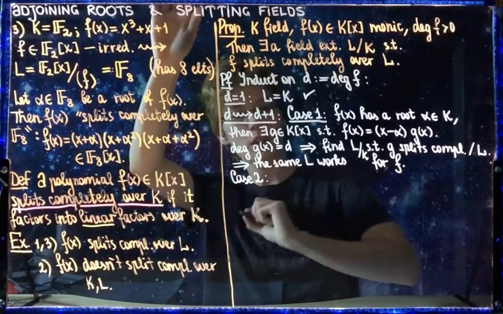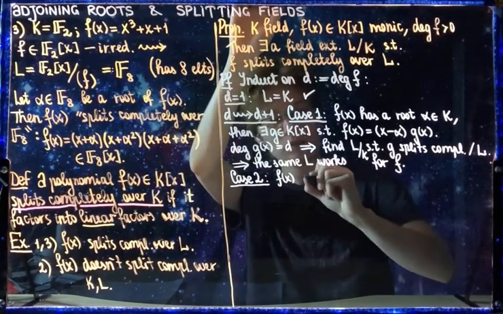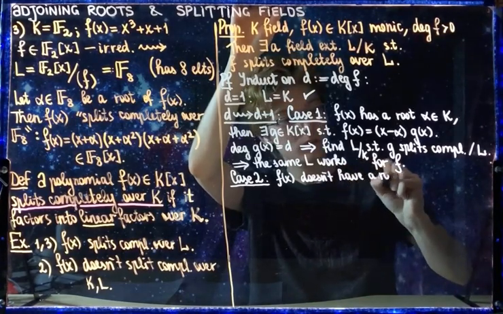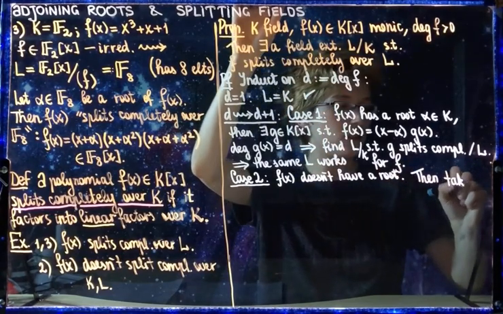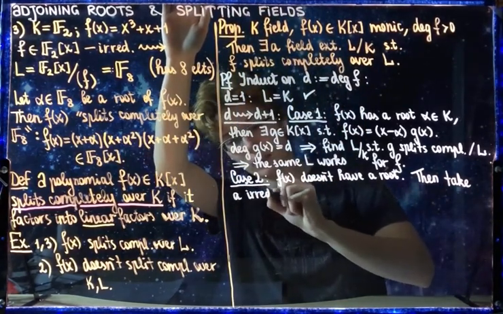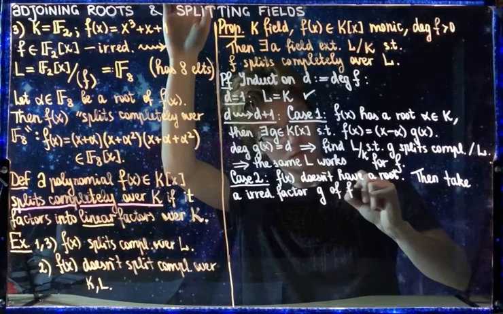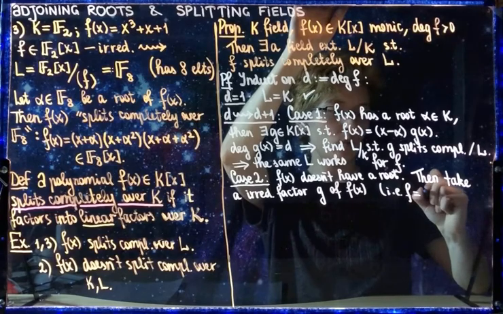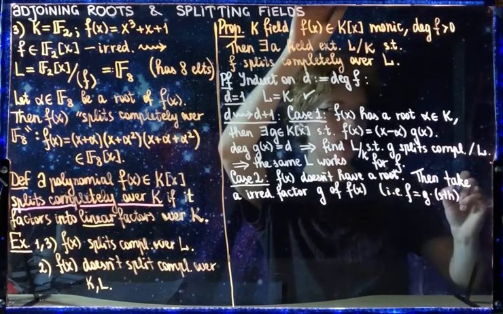So the case that we are left with is when f of x doesn't have a root. Then we can take any irreducible factor of f, which means that f of x is equal to g of x times some other polynomial, and g is irreducible.